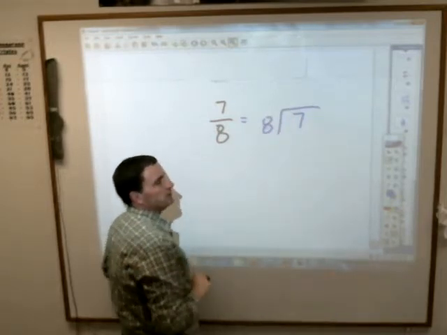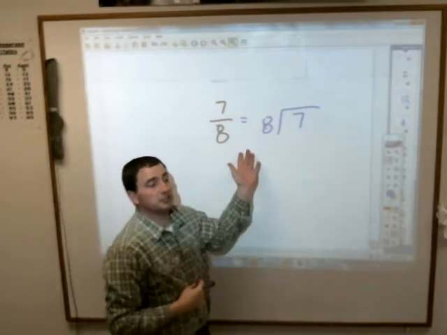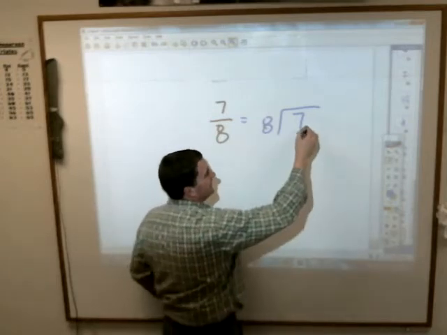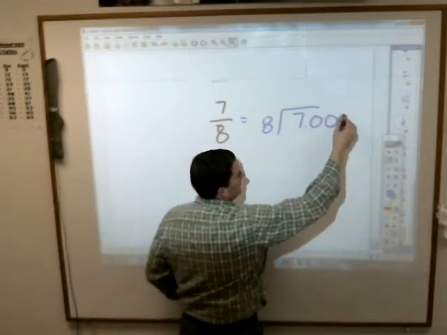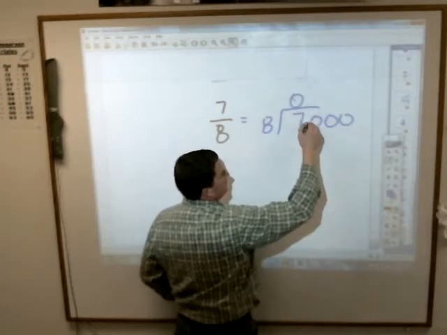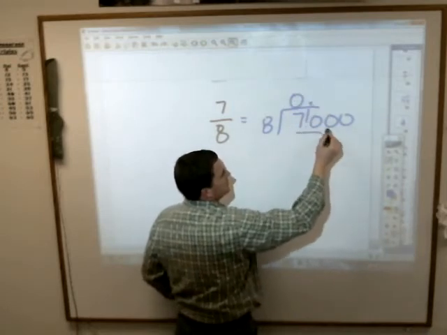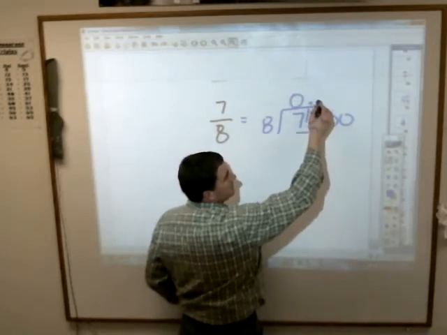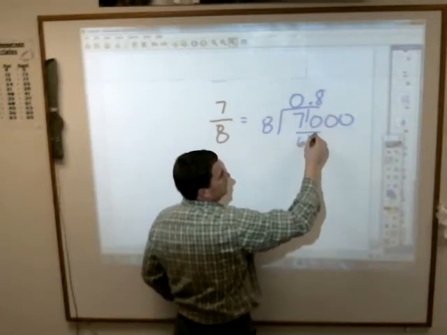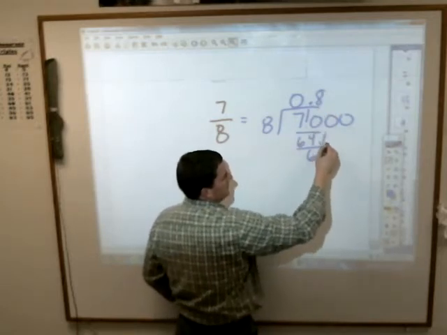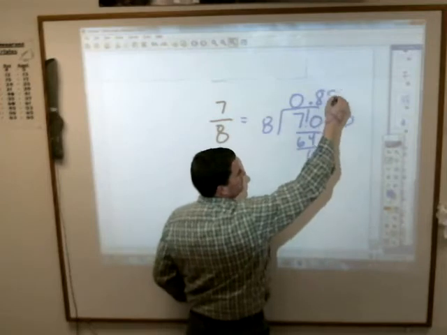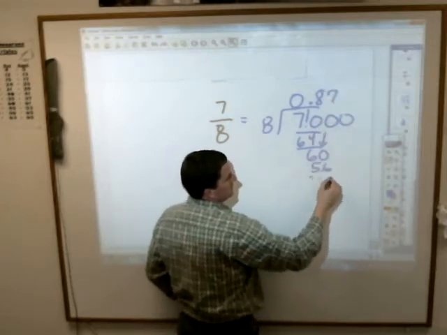And you can always convert a fraction to a decimal by changing it into a division problem and actually doing it out. In other words, 8 doesn't go into 7, bring up your decimal point. 8 goes into 70 how many times? 8 times, which is 64. 8 goes into 60 how many times? 7 times, which is 56.